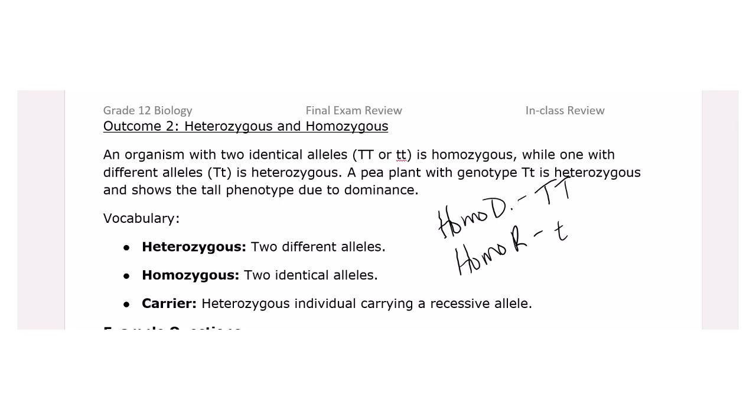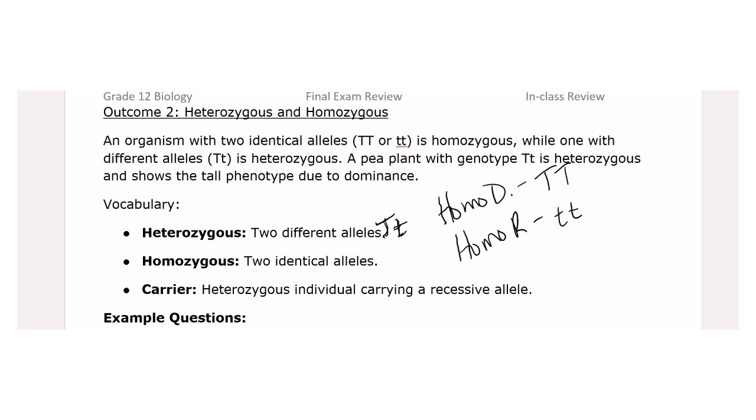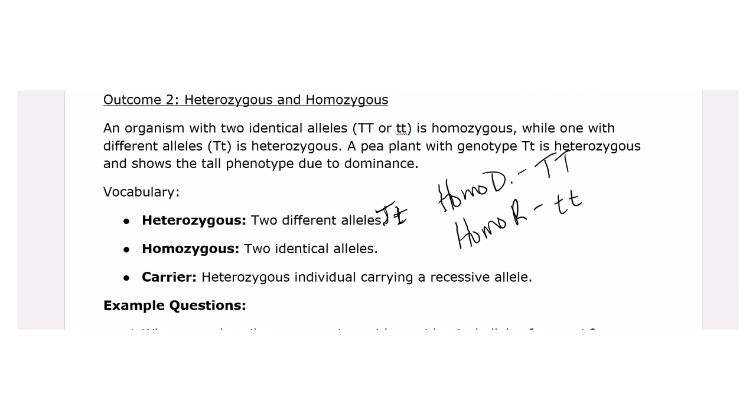Big T, big T, and homo recessive would be little t, little t, and heterozygous will be a blend of big T, little t. It's terrible to write up. Okay, a carrier. Do you remember a carrier when we did pedigrees? Okay, so they carry the trait, but it's not being expressed in their phenotype.